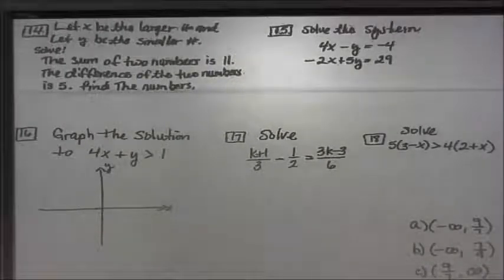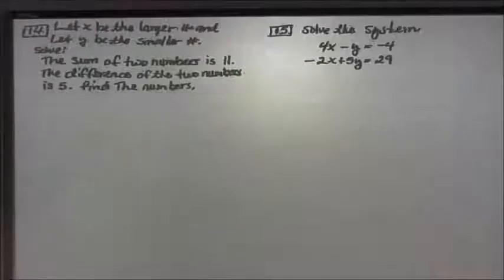Number 14 says, let X be the larger number and let Y be the smaller number. Then they want you to solve, and there's the setup right there. The sum of two numbers is 11. The difference of the two numbers is 5. Find the numbers. So number 14 and 15. On the test, you have 4 questions that involve solving a system.